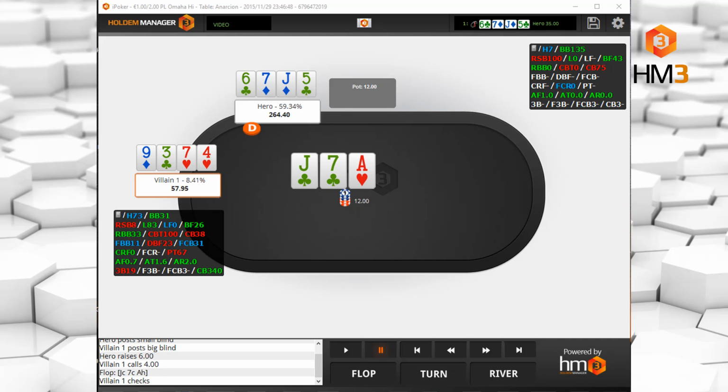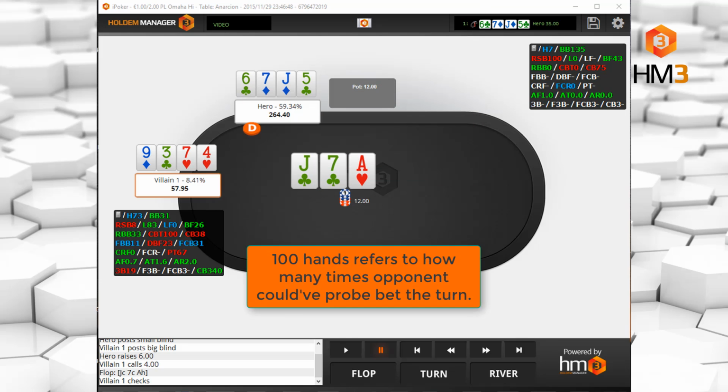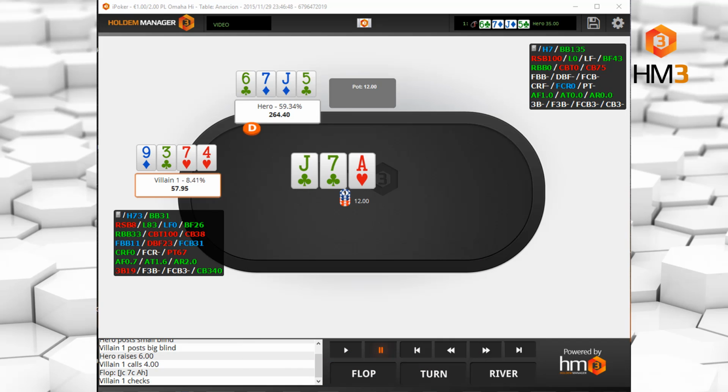I would say once you've got 100 hands on your opponent, you've got a pretty good idea of how they're probe betting. But the problem is you have to click on the specific statistic to see how many opportunities they've had to probe bet and how many they've taken, because obviously you're only going to be in position half the time in heads up and you're going to be c-betting a bunch, so they're not going to have the opportunity to probe turn that often.